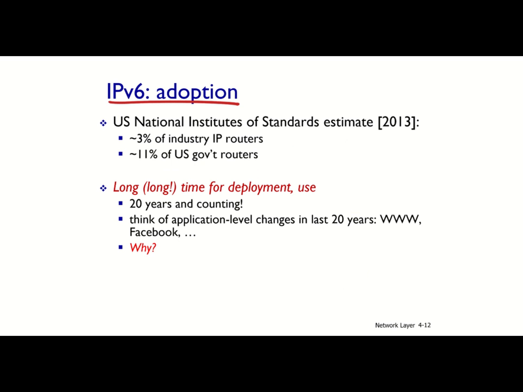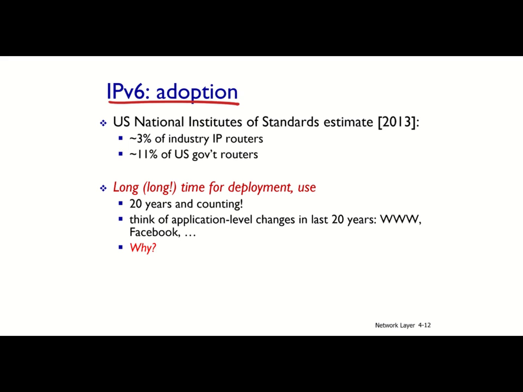The IPv6 adoption is so slow that the U.S. National Institute of Standards estimated in 2013 that only 3% of industry IP routers are IPv6, and only 11% of US government routers run IPv6.